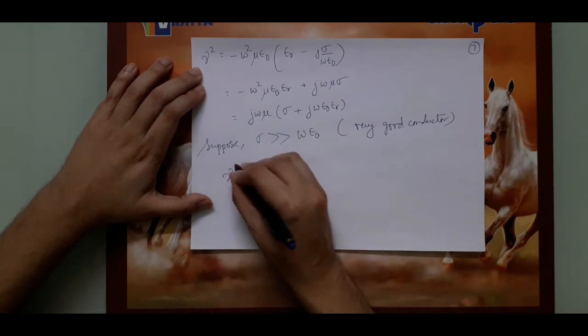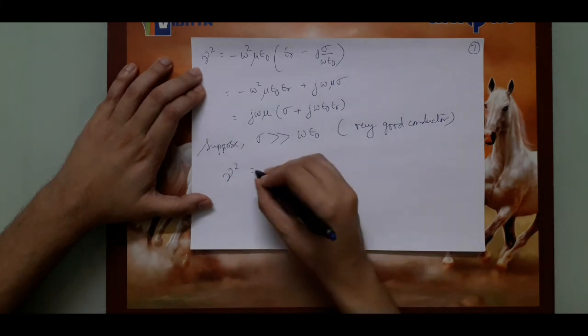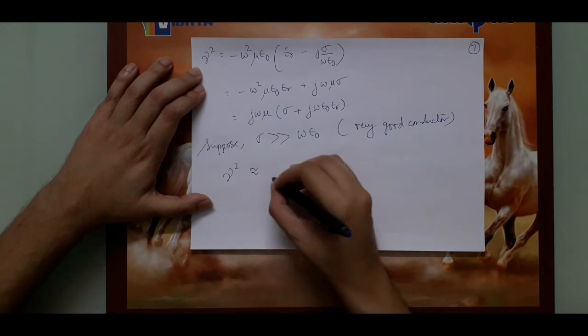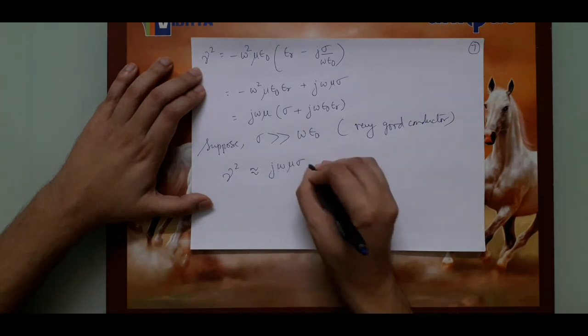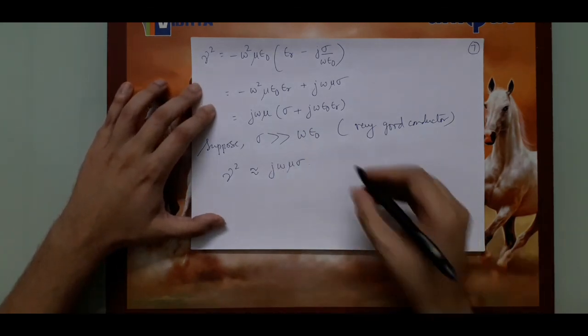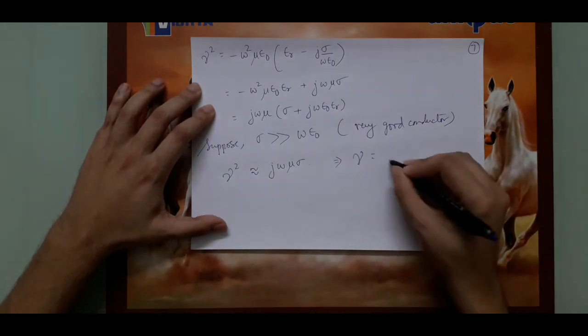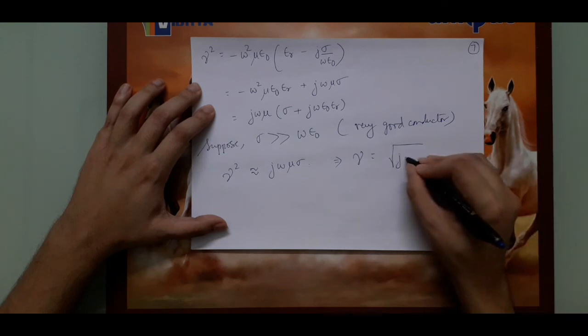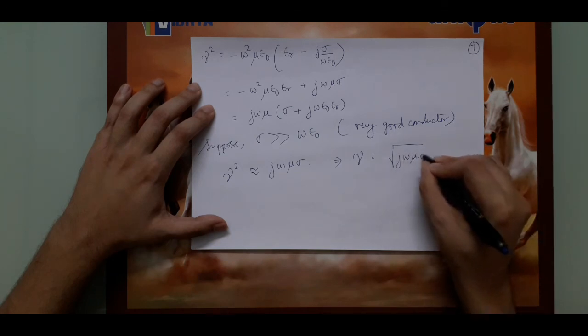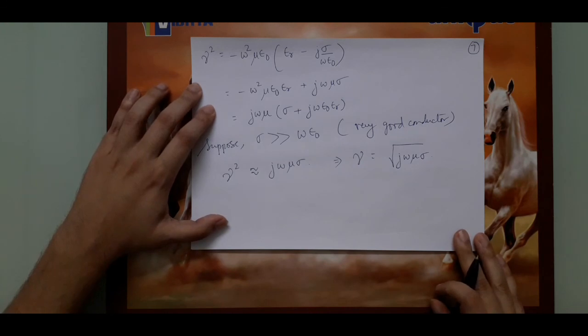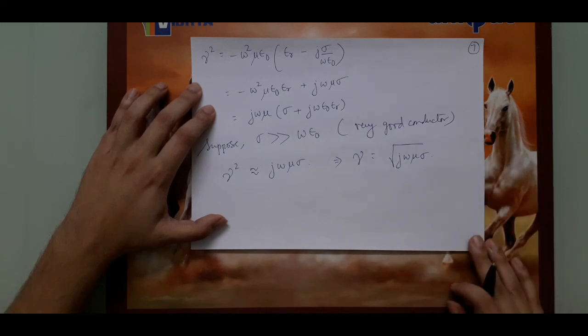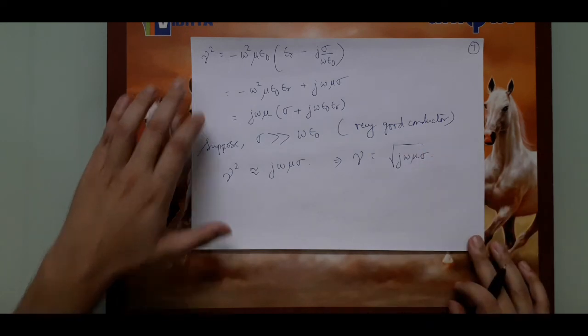So that means gamma square now will tend to j omega mu sigma. So that means gamma is nothing but the root of this quantity, whatever it is. We shall pause here for the time being and continue from this point onwards in the next class.